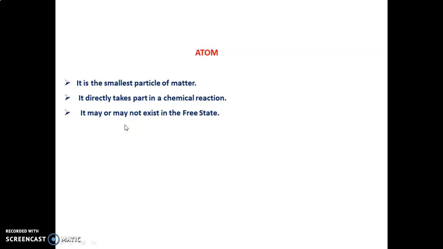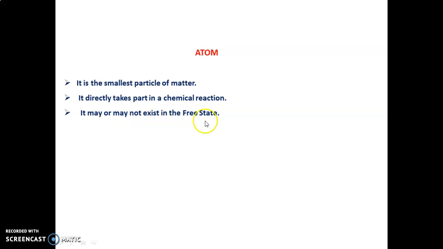Nitrogen also does not exist as atoms, it exists as an N2 molecule. That is why we write "may": some atoms of elements exist in the free state and some may not. Examples: hydrogen, oxygen, nitrogen, etc.